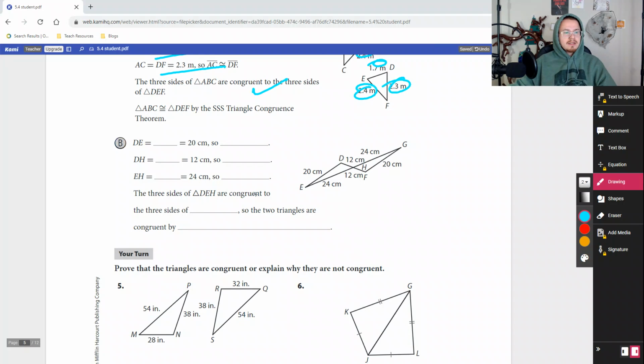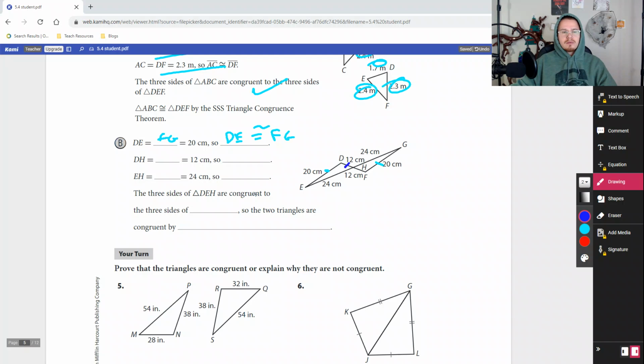So look at this one. We have DE, it's 20 centimeters, right? And DE is equivalent to, looks like FG. So these two are congruent, right? So you can write DE, FG, and I'm not going to write any more on that because that's just excessive writing. So DH, where's DH? Right there, right? Yep.